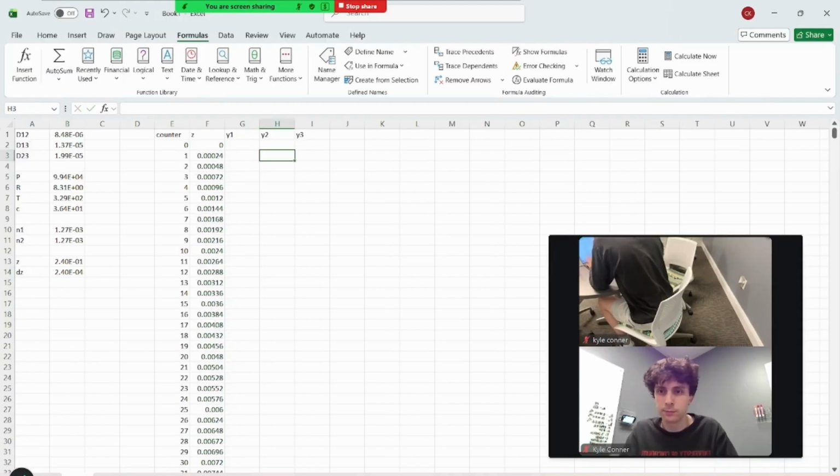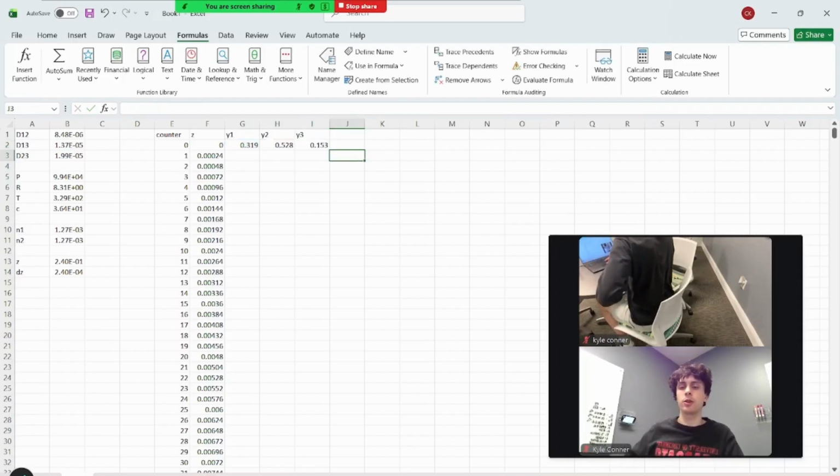There we go. So for our y1, if we remember what our y1 was from the problem, it was 0.319. And y2 was 0.528. And our y3 is just going to be 1 minus those. There's our y1, y2, y3, and our z value.